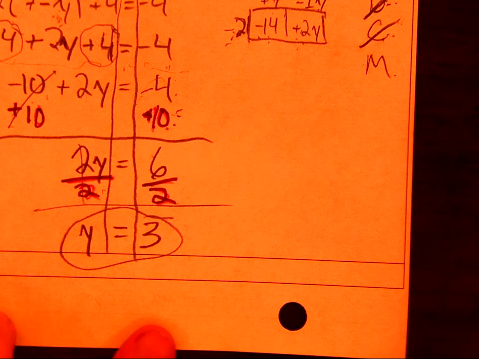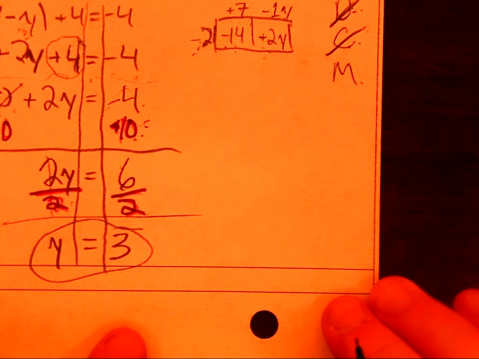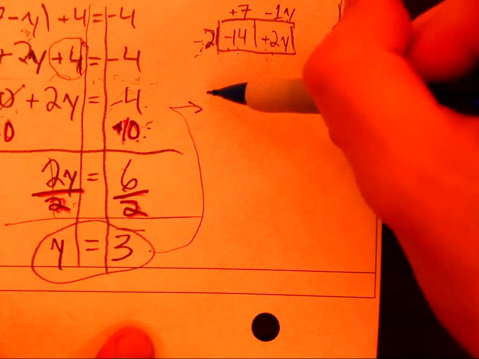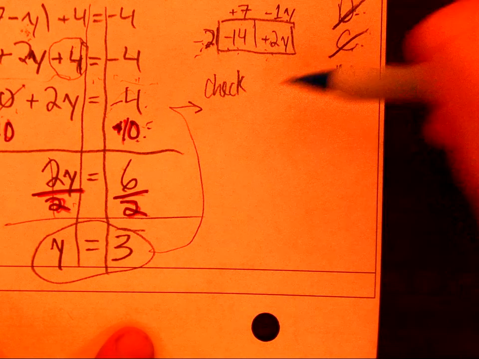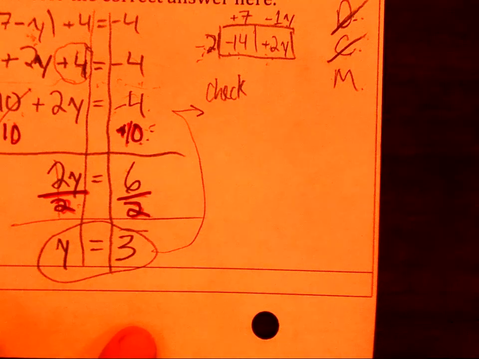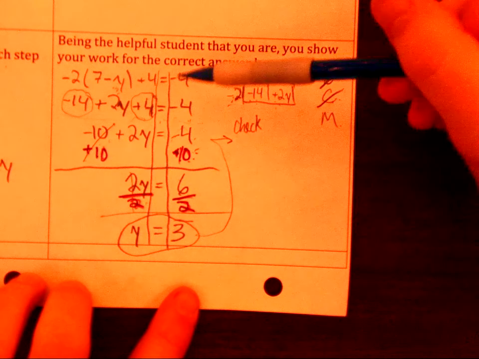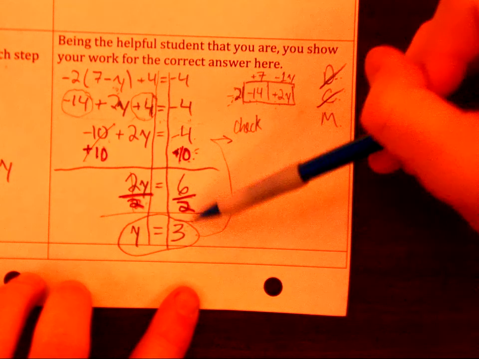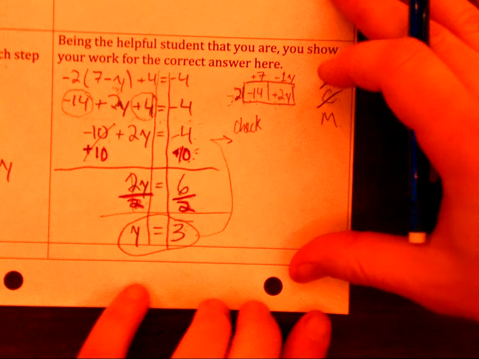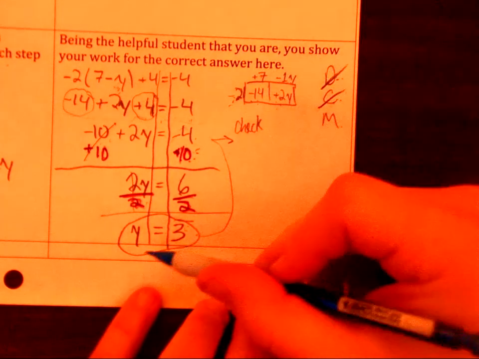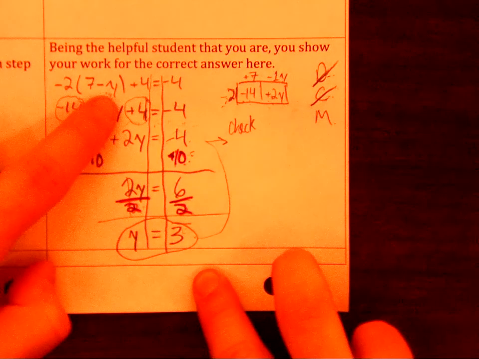Be able to check for yourself. And so I can do on the side here, do a little check. We're saying does, let me zoom down a little bit. Does this result work? Again, you check by substituting back in. So you say wherever I have a y, I now have a 3.